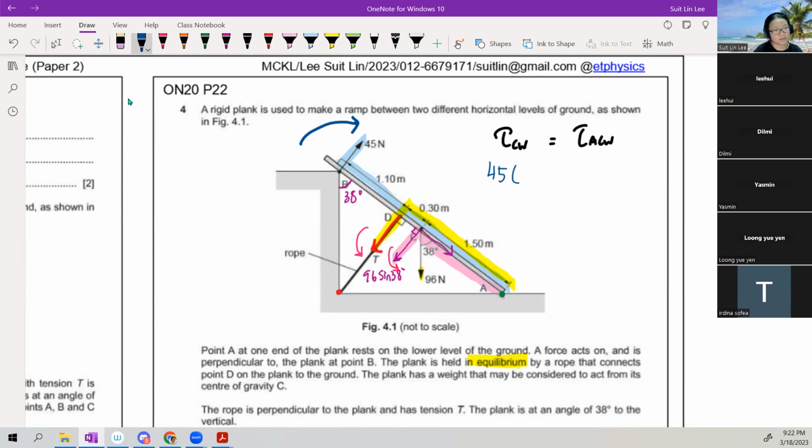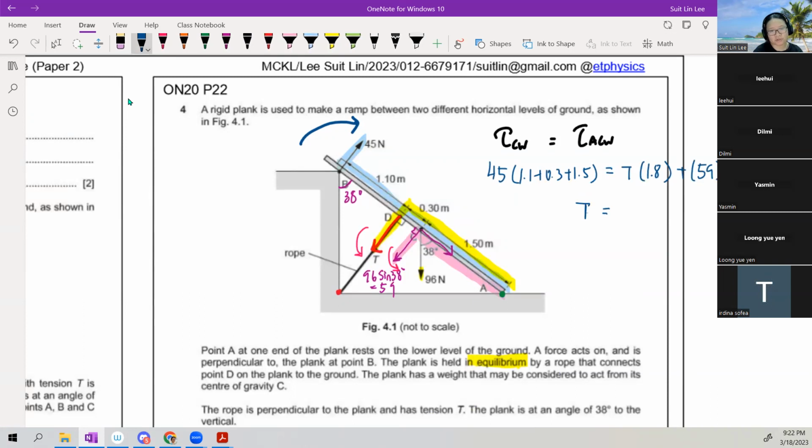It looks like 1.1 plus 0.3 plus 1.5. Anti-clockwise would be T multiplied by 1.8 plus 96 sine 38, which is 59. If they give me 59, I'll use 59. This is 59. And this is 1.5. So you can easily find T.